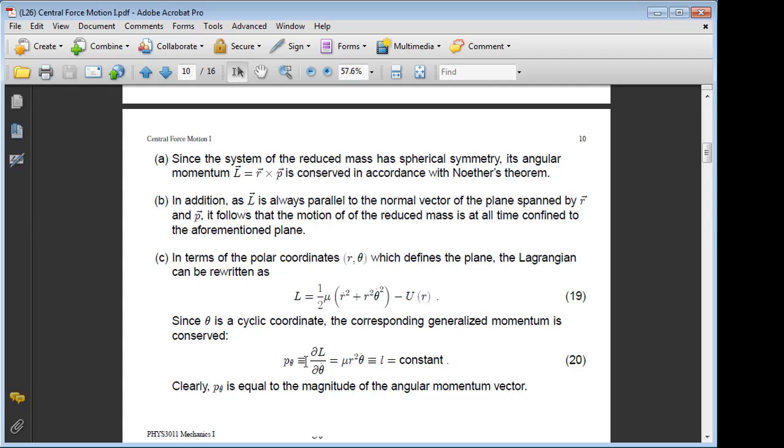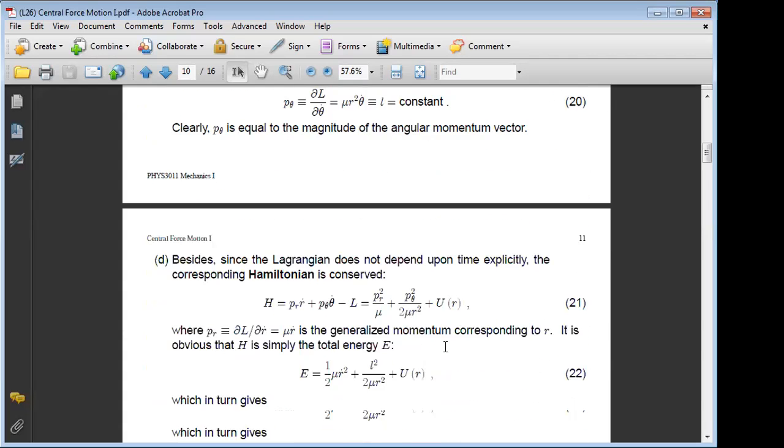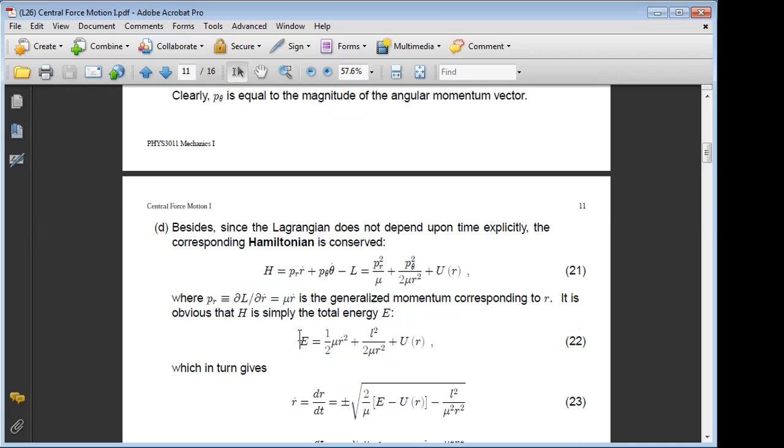So the corresponding generalized momentum must be conserved. P_theta, which is actually the angular momentum, must be conserved. Besides, the Hamiltonian is also conserved, right? Now, the Hamiltonian can also be expressed in terms of the angular momentum L in this form, okay?